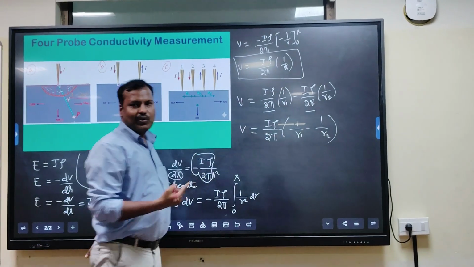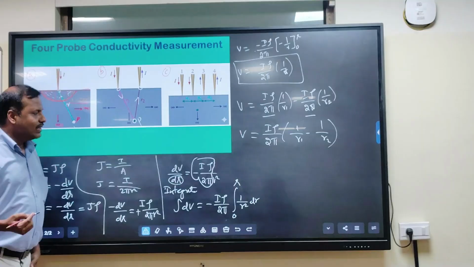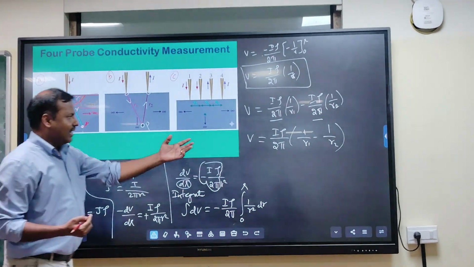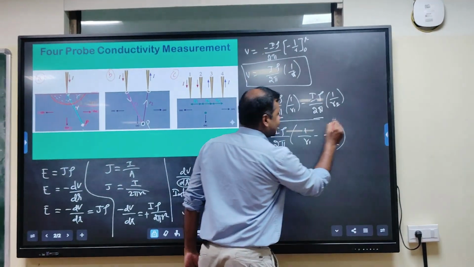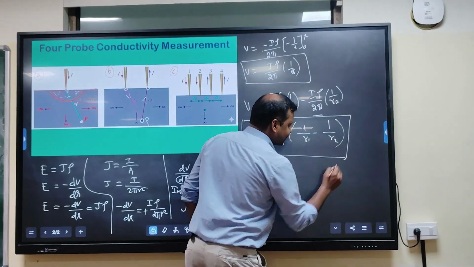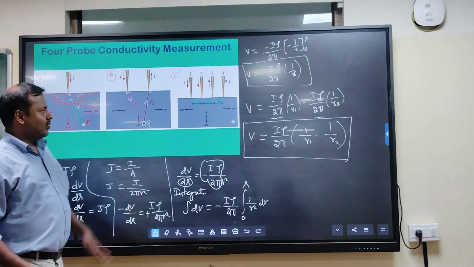So if I have two probes and want to measure the voltage at some point, I just use this relation. This can be extended to the four probes also.